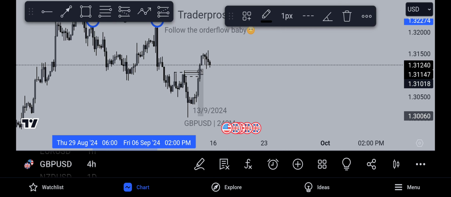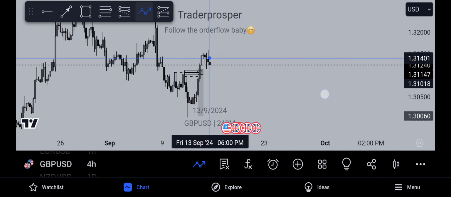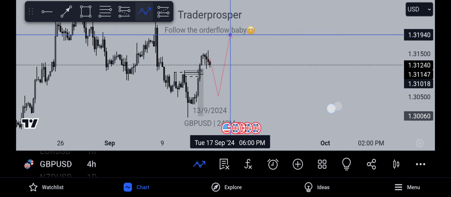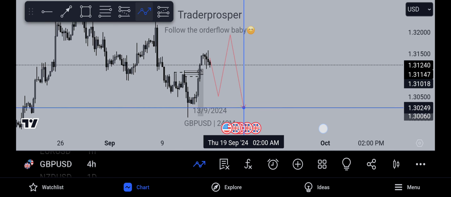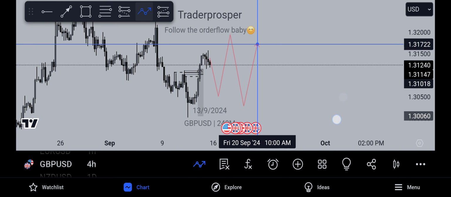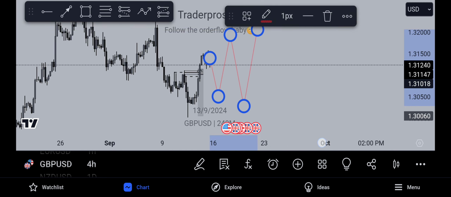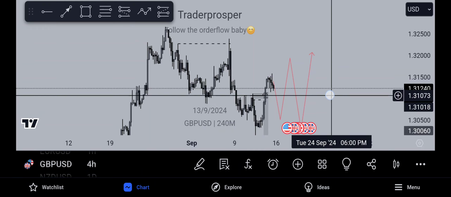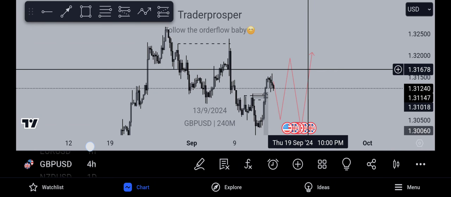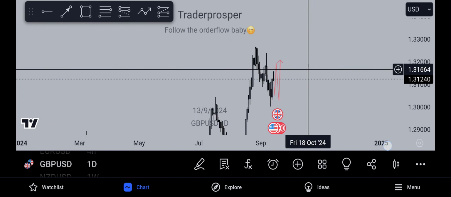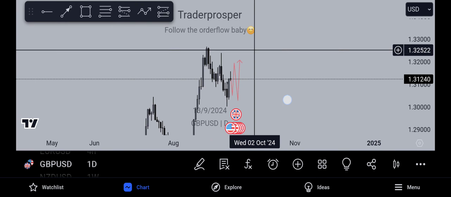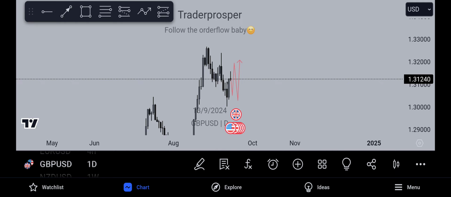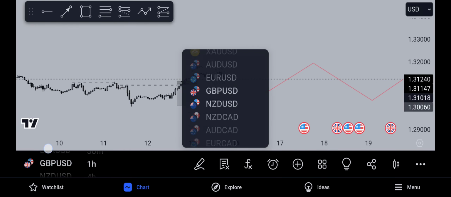Maybe something like this comes now and gives us an inducement, then we will consider buying from here. But the overall trend is just bearish. If you go to the daily time frame, it's just obvious that we are selling. So we prefer sales to buys for now. So that was that.